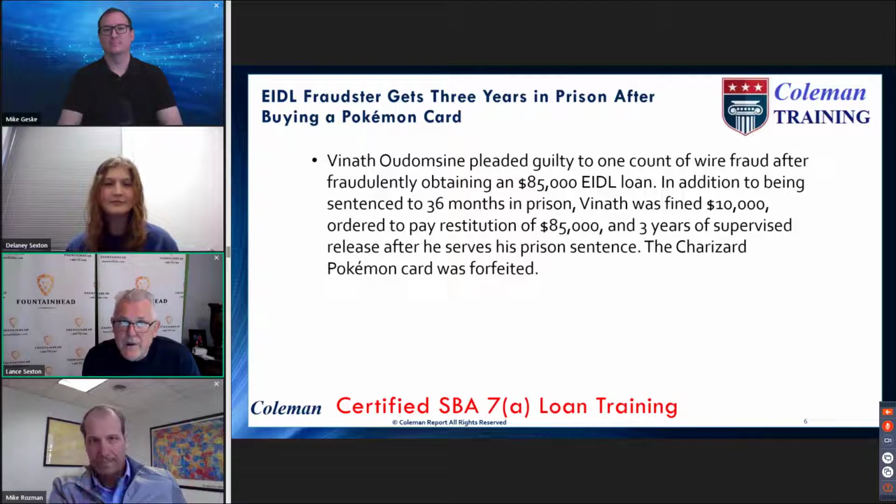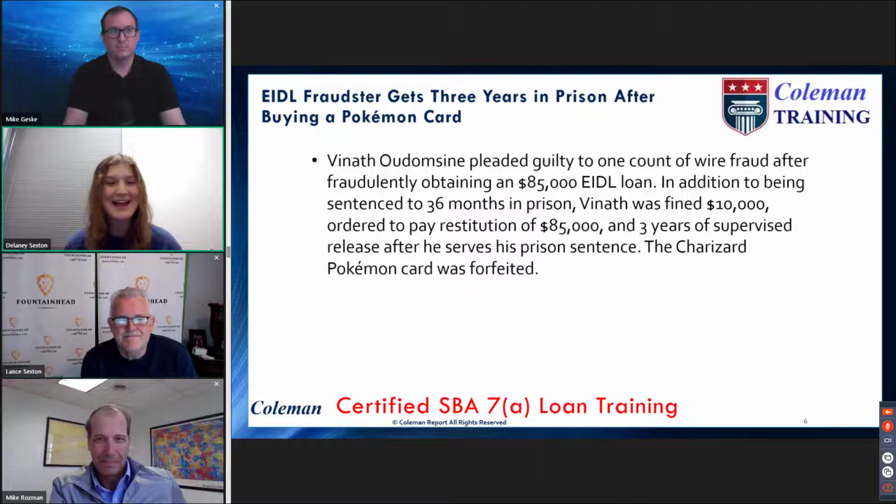And there's quite a bit of fraud in there. It's going to be interesting to see when they start prosecuting some of those $8,000 fraud cases, what the sentence will be in those circumstances. So the answer to your question, Delaney, is there doesn't seem to be a rhyme or reason to the length of the sentence, but I think it may have to do somewhat with how egregious the fraud was.